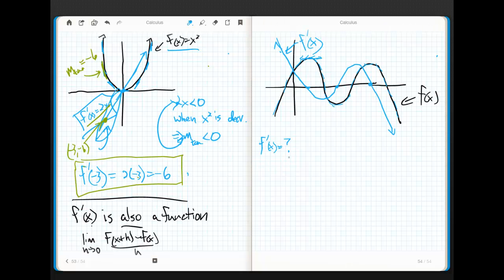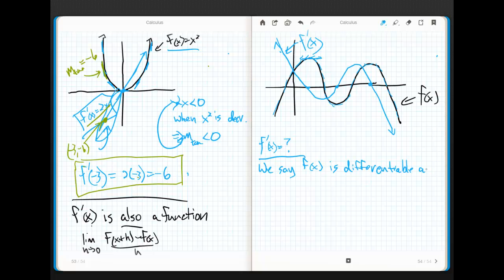Now, you ready? Whoa, pen's not behaving itself. Let's talk about what it means to be differentiable. We say f of x is differentiable at x equals a if it has a derivative at x equals a.